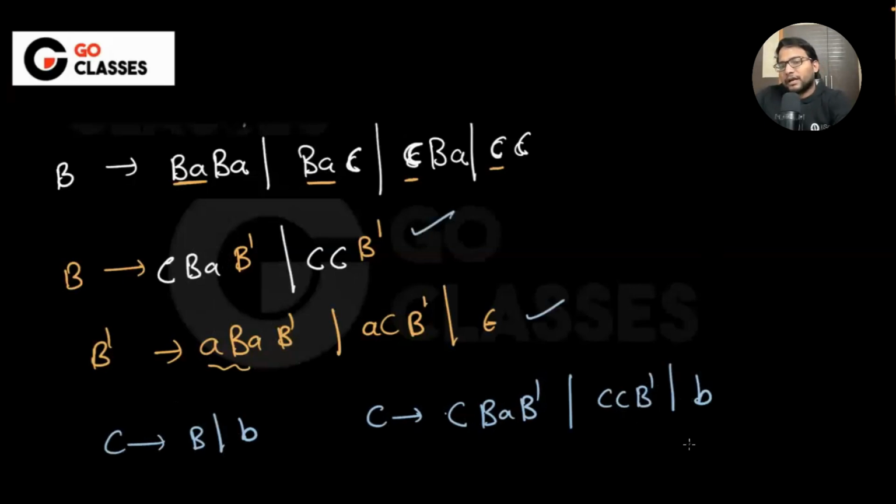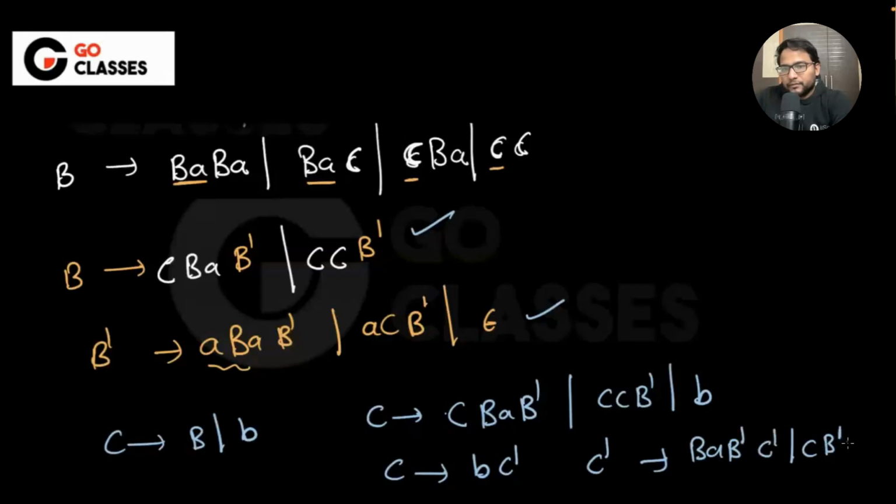Can you quickly tell me what the removal is? You will see it will anyway start with B and then C prime, and then C prime will go to BA, B prime, C prime, CB prime, right? C, B prime, and then C prime, and then epsilon. Okay, so this is the answer. This is the answer.